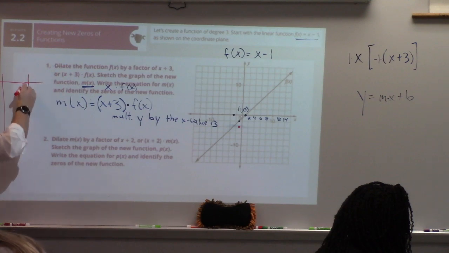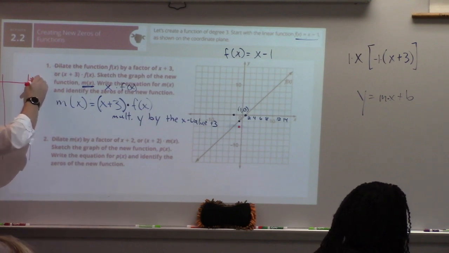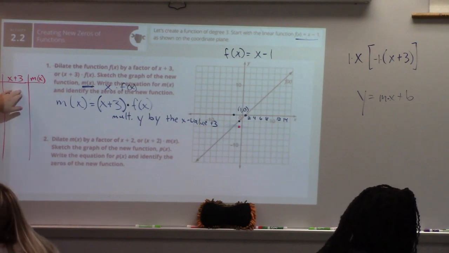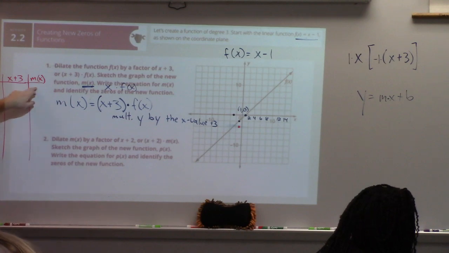But remember, to get m of x, I am dilating f of x. By what? Not just plus 3, what plus 3? X plus 3. Right? So you need f of x, and you need x plus 3, and you're going to dilate them to get m of x.